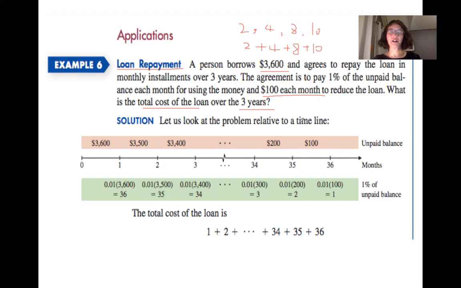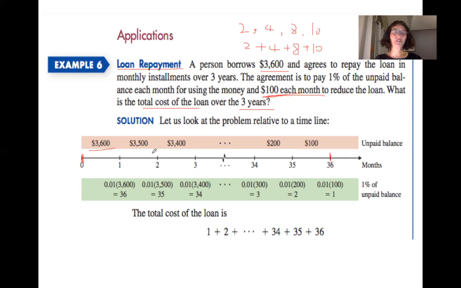So let's draw a timeline. 3 years have 36 months. A person borrowed 3,600, and each month he or she will pay 100.